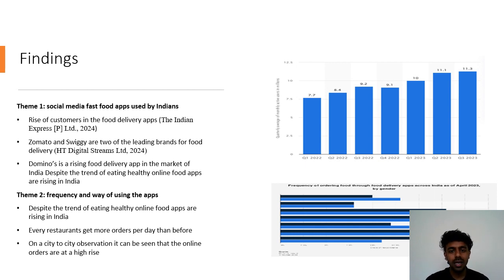The frequency of use of these fast food social media apps can be determined by understanding the aggressive capacity utilization of Zomato.